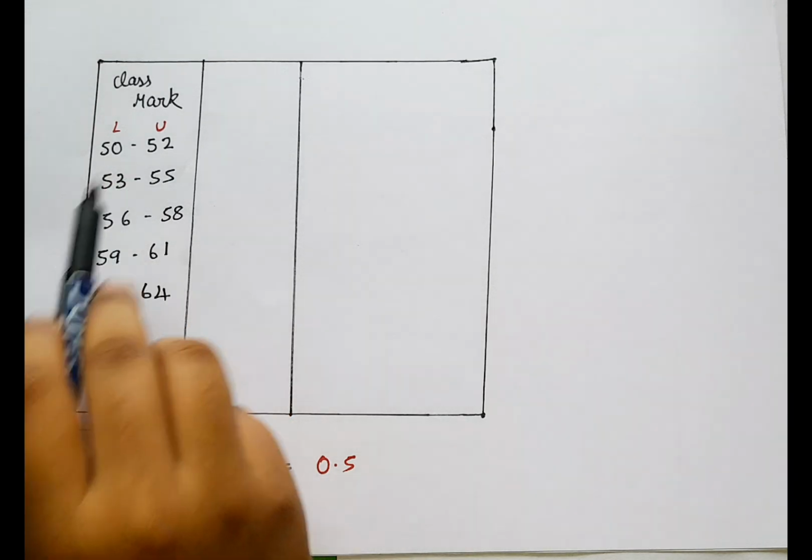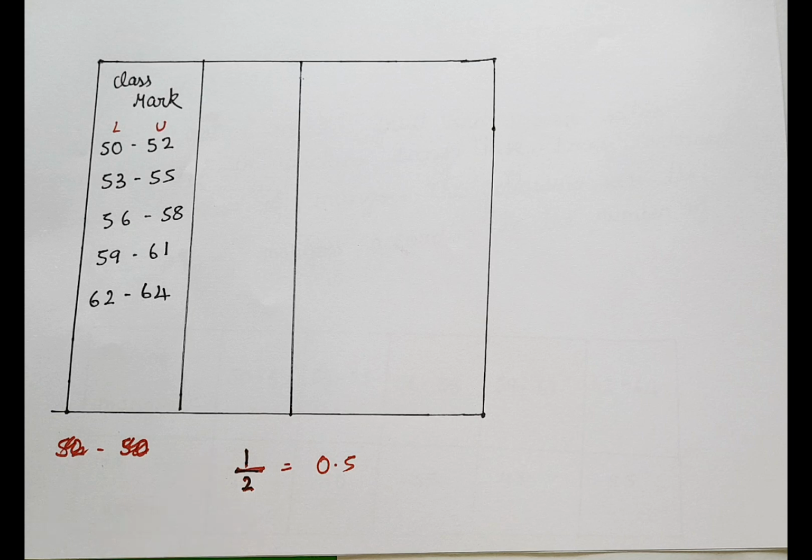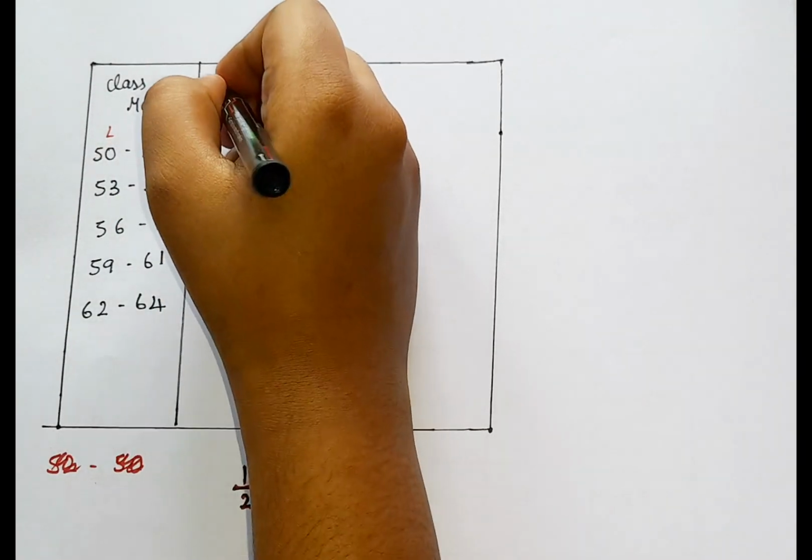Now you know we are supposed to do 1 divided by 2. How to do that? Whenever we have something that is not continuing, try to do it like this. First write 1 by 2, which is 0.5. Now what is the meaning of 0.5? First let us write the class interval.